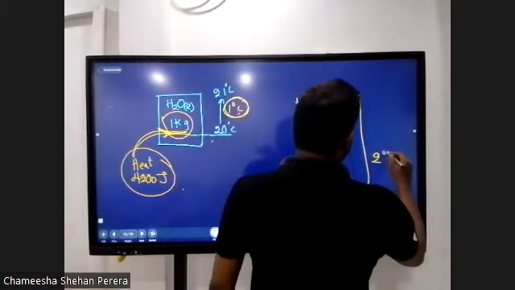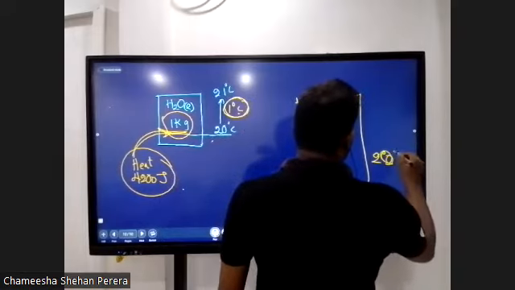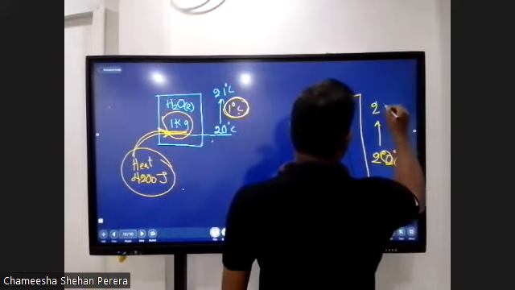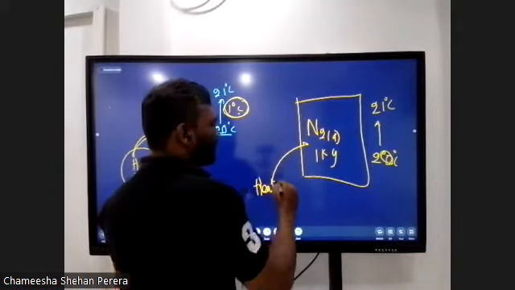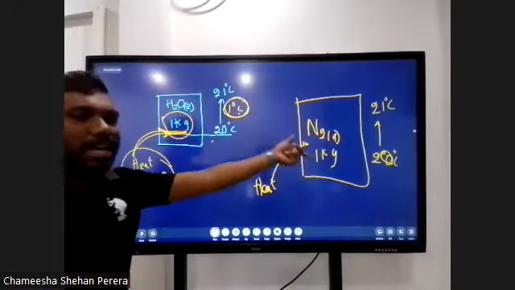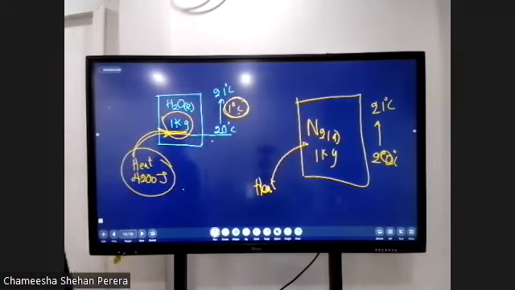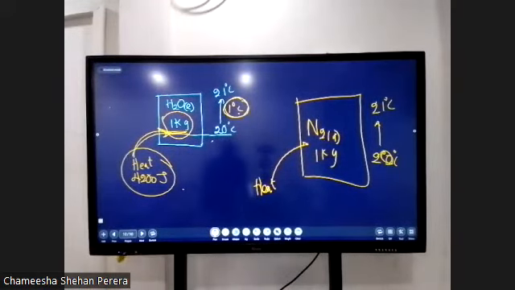You need to increase the temperature of nitrogen gas from 20 to 21, again 1 unit. Would the amount of heat you need to supply be the same, or would it be a different value? What do you say, Ellie? A different value.